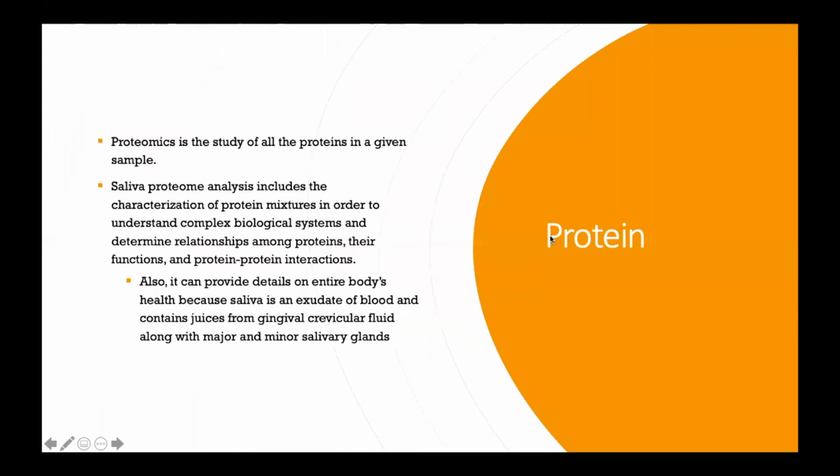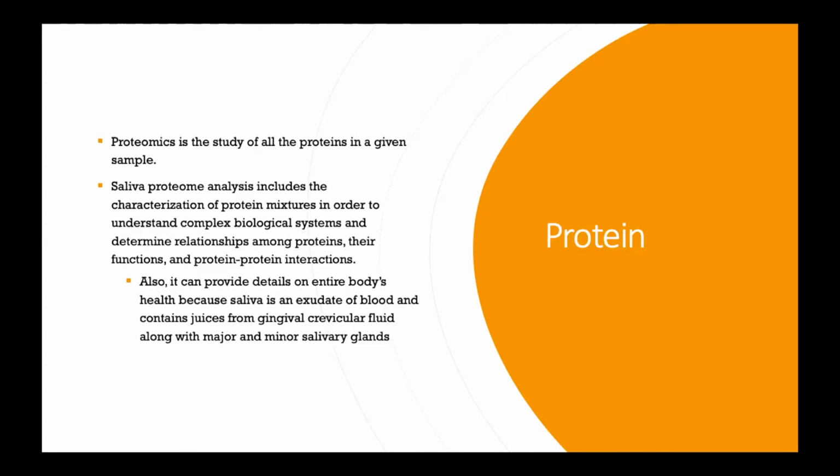Hello, everyone. I'll talk about proteins, one of these 5 diagnostic alphabets. Proteomics is the study of all proteins in a given sample. Saliva proteomic analysis includes the characterization of protein mixtures in order to understand complex biological systems and determine relationships among proteins, their functions, and protein-protein interactions.